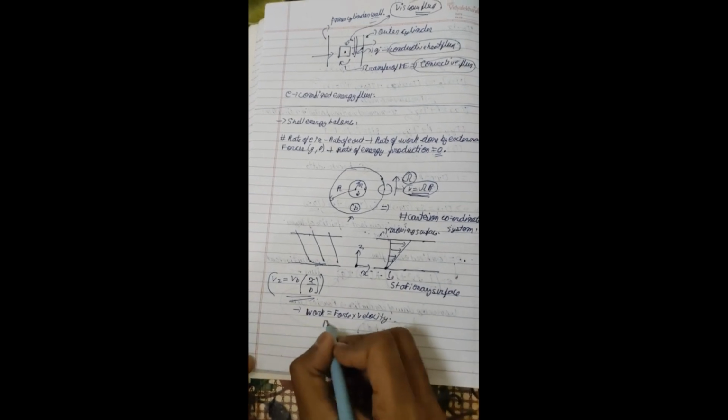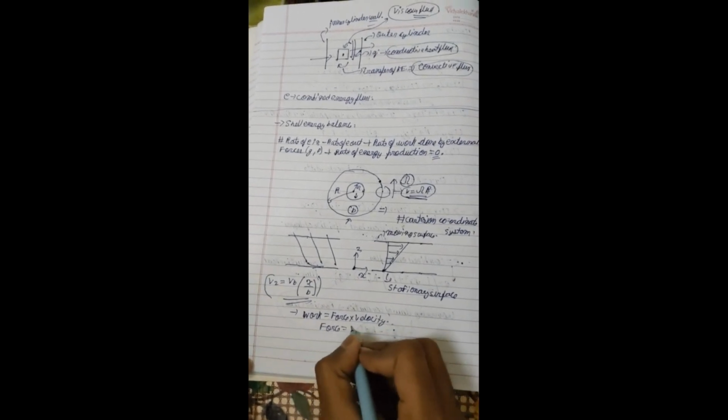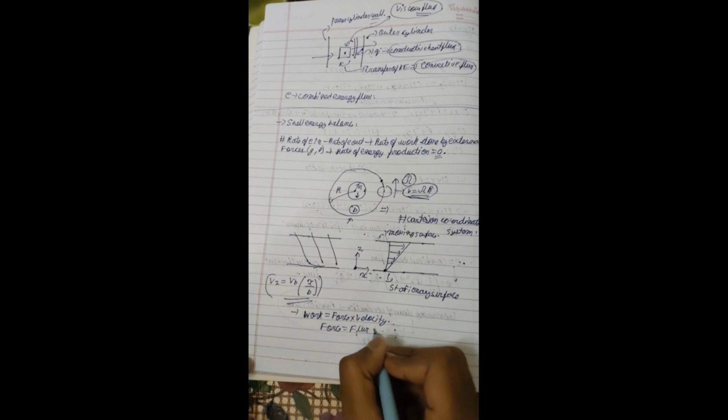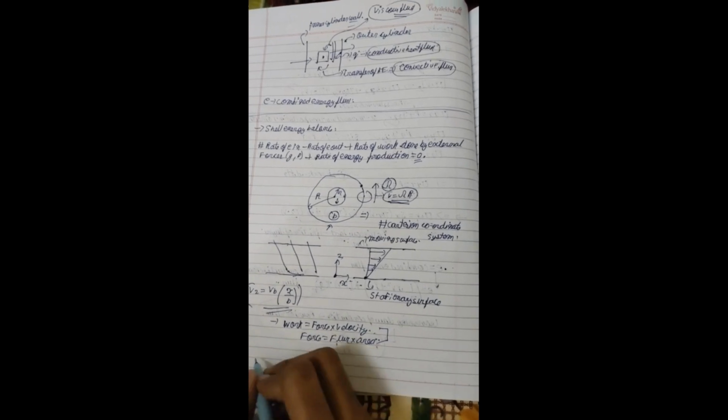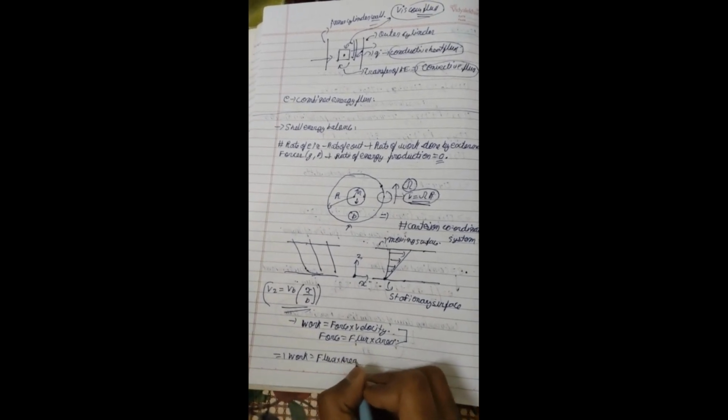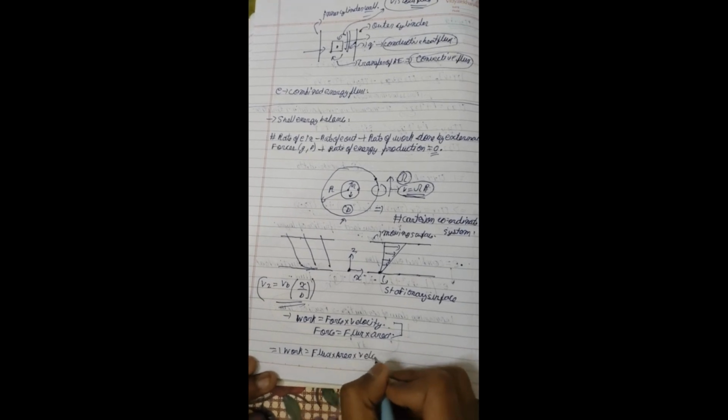And further, we can write force as flux into area. So from this, we can get the work done. That is going to be flux into area into velocity.